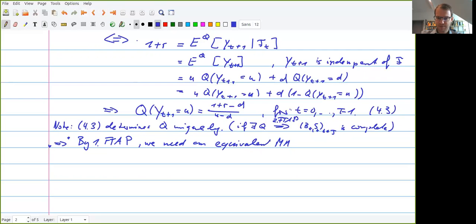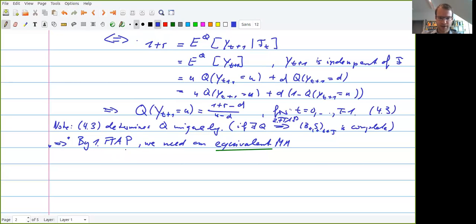So what does it mean? We considered just some measure, and that's basically what we did. It has to be a probability measure, but that does not mean that it's equivalent.